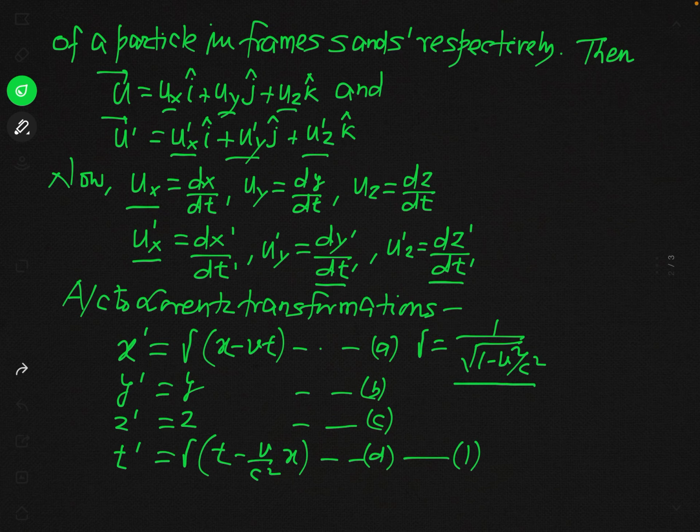Now our aim is to relate u prime x, u prime y and u prime z to ux, uy and uz. So first of all, we will find the values of these velocity components. For finding the velocity components, we must have the differential changes of x prime, y prime, z prime and t prime. It means we must calculate dx prime, dy prime, dz prime and dt prime.